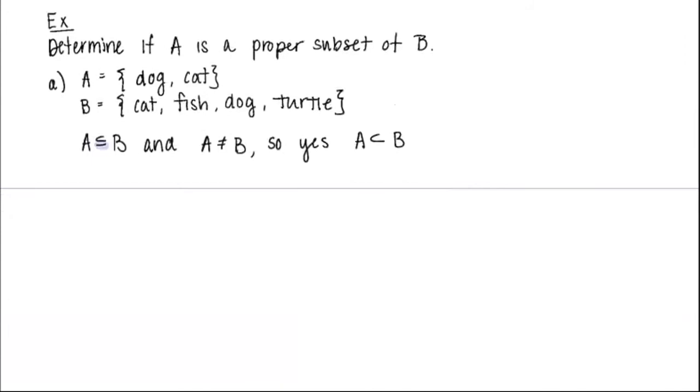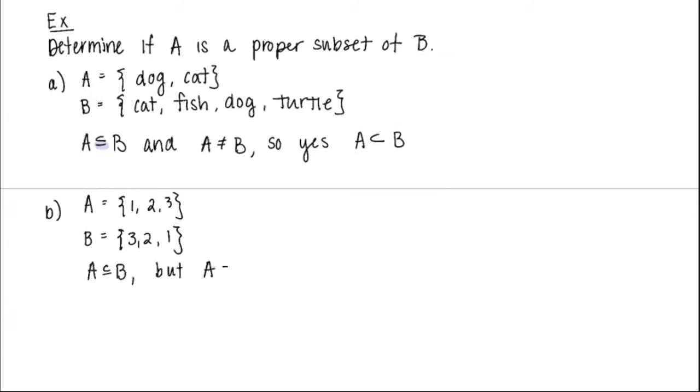Okay. While in the second example, that was a subset, when A has the elements 1, 2, and 3, and B has the elements 3, 2, and 1, these two are equal. A is a subset of B, but A and B are exactly the same. So A is not a proper subset of B. Okay.